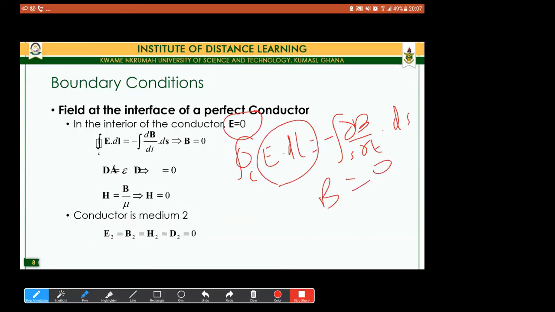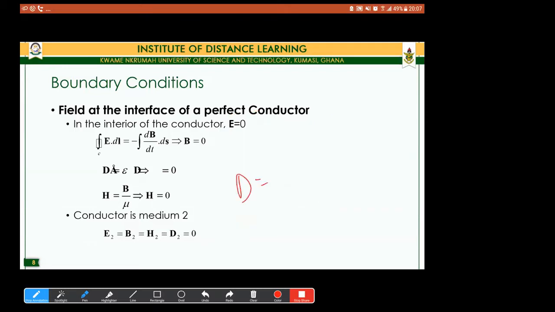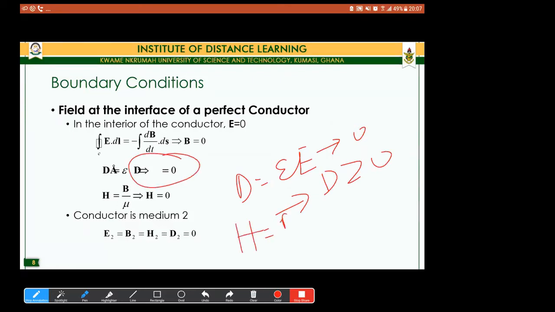And then from D equals epsilon E, E is 0, therefore D is also 0. And from H equals B over mu, since B equals mu H, then H equals B over mu.